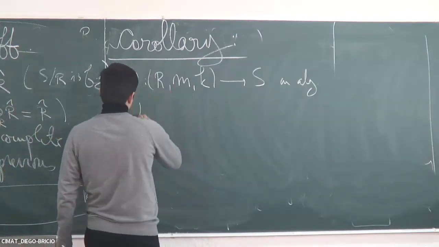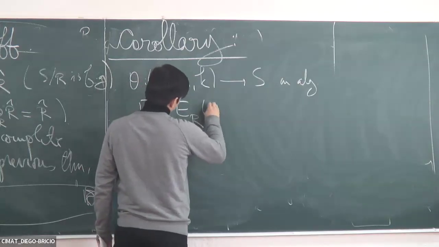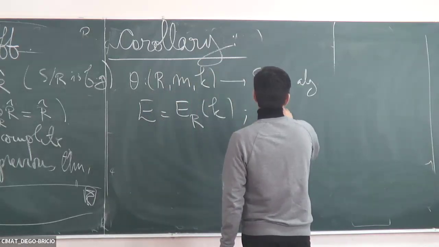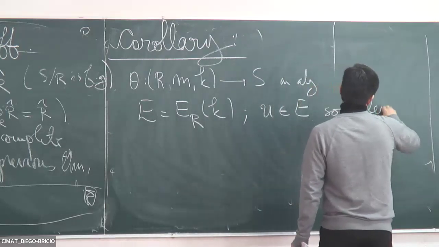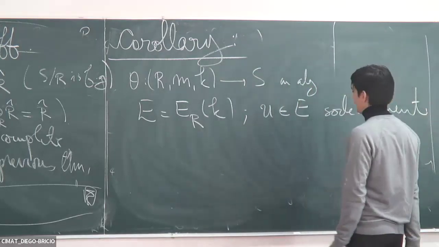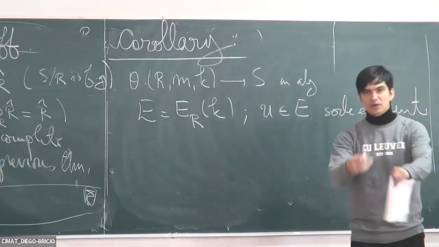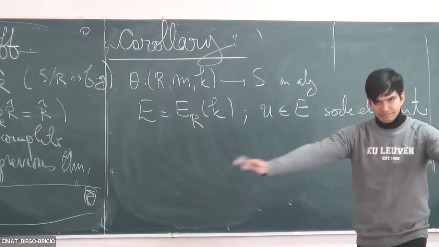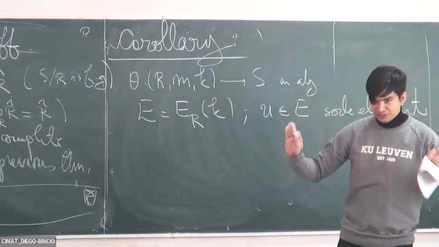Let's take E to be the injective hull of the residue field, and let's take U to be the Stoffel element. Remember, the Stoffel of E is just a copy of K inside E, and U is any generator. And you can be super explicit about it if you have a presentation.